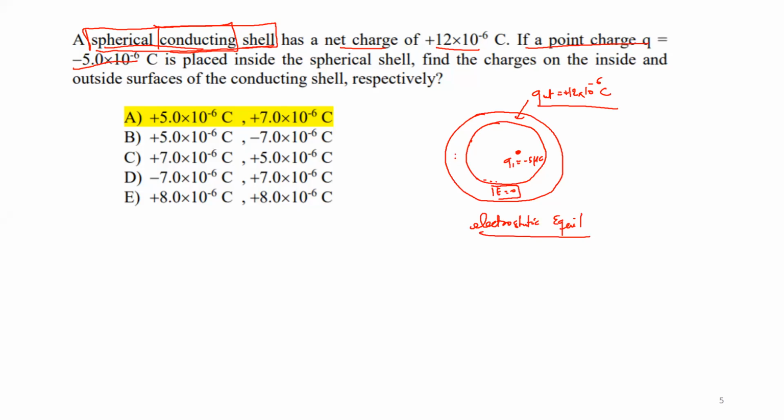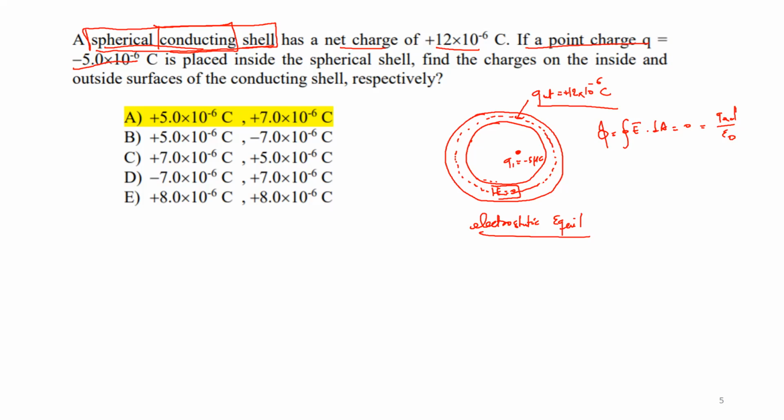I can use Gauss law. Let me take this Gaussian surface, and I can use Gauss law. If I use the Gauss law, well, the flux, which is an integral over this closed surface of E dot dA, but E itself is 0, so the flux is 0. And this is charge enclosed divided by epsilon naught.